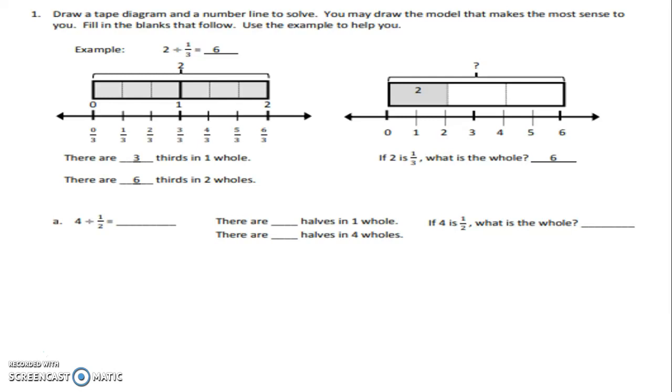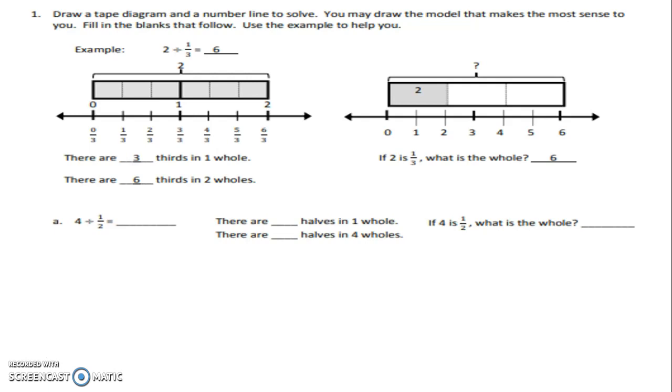Then on the other side, it asks a similar question, but it flips it around. If 2 is 1/3, what is the whole? So if I have a whole and I split it into thirds, and I know that 2 is one of those thirds, then I would have to figure out what my whole is. So if 1/3 is 2, and the next third is 2, and the next third is 2, then total, my whole would have to be 6.